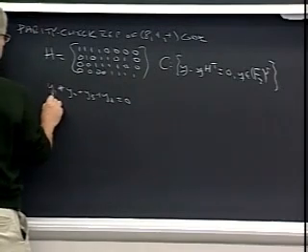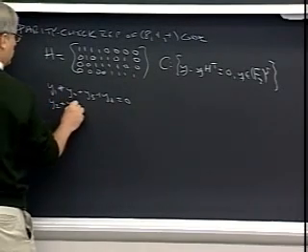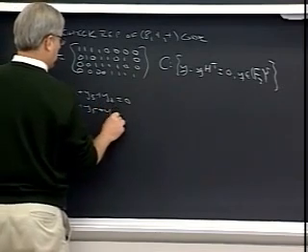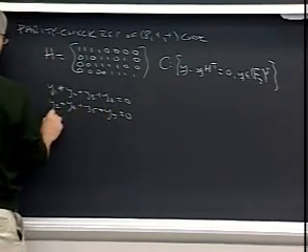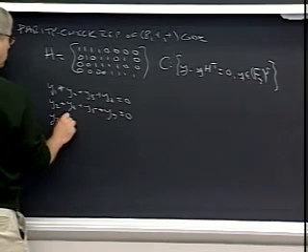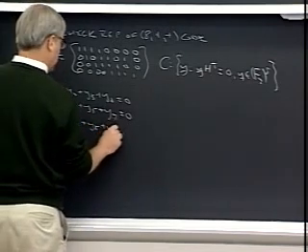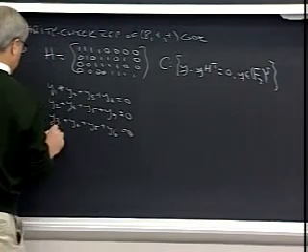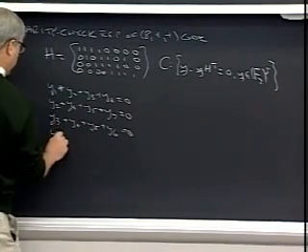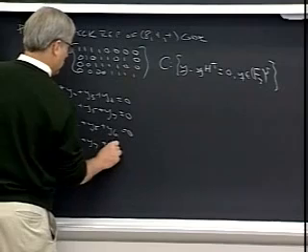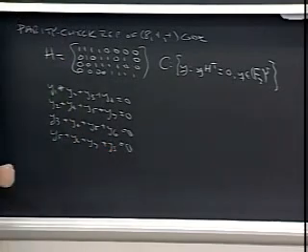The second one is y2 plus y4 plus y5 plus y7 equals 0. The third equation is y3 plus y4 plus y5 plus y6 equals 0. And the fourth is y5 plus y6 plus y7 plus y8 equals 0, right?